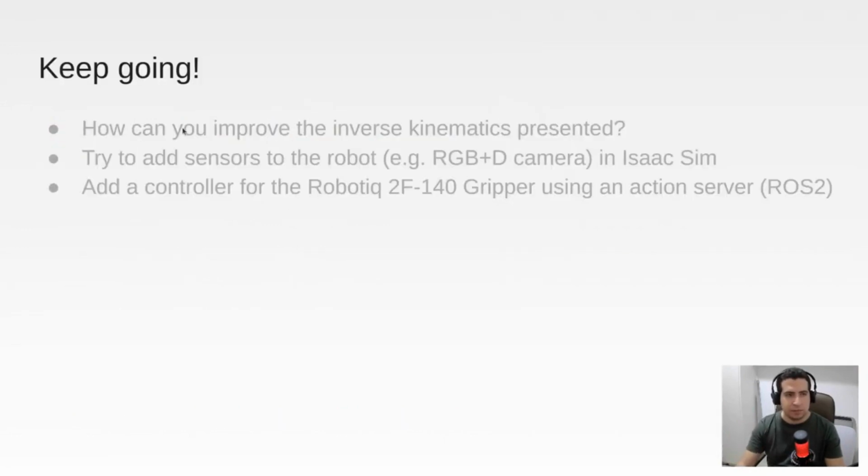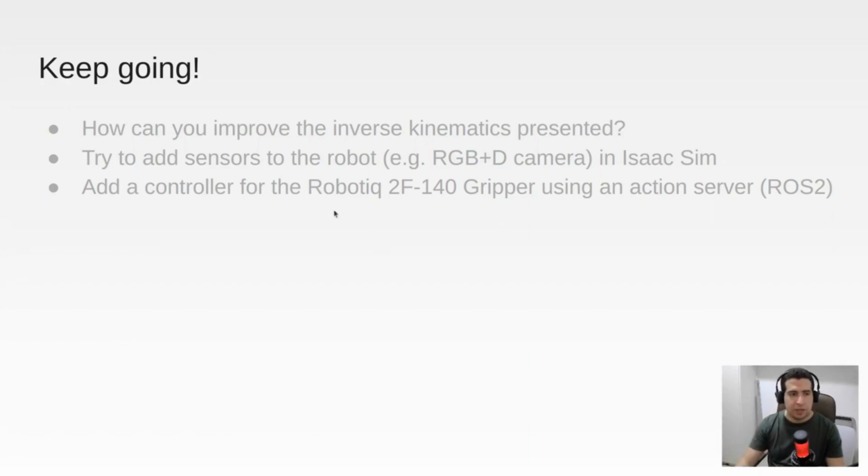And keep going. How can you improve the inverse kinematics presented? Please notice that we have some error associated with the equations that are shown here, and try to minimize these errors, or maybe implement a new technique to calculate the inverse kinematics by hand, and try to add some sensors to the robot, like RGBD camera, and visualize the data in RViz to help you grasping objects.